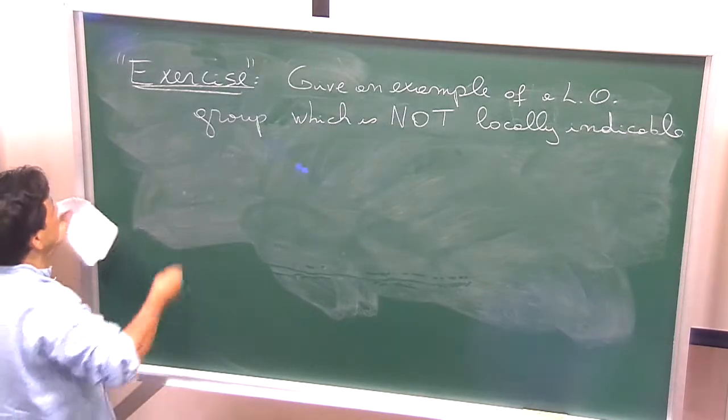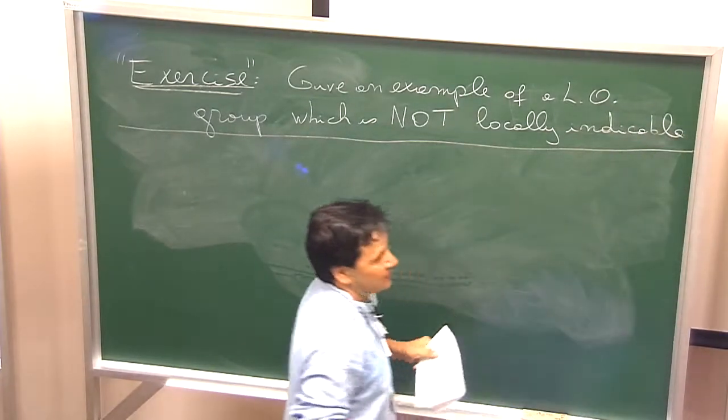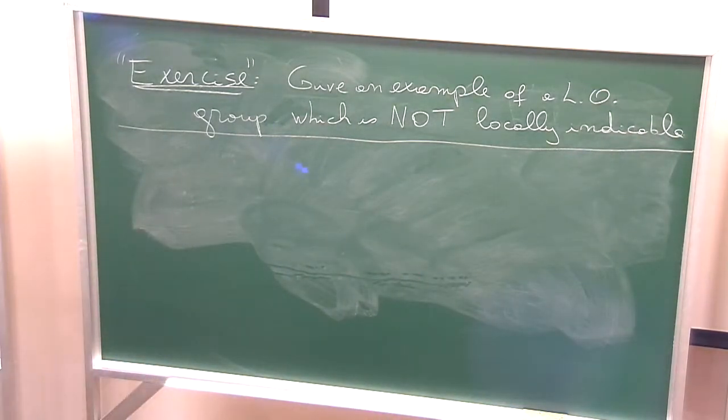I will not give any hint on this. I want to see what kind of example you can produce. Actually this was an open question for many years, until Thorson noticed that we were all stupid because there was an example which was in front of us all the time. Actually many groups are like that, many groups arising from topology of three manifolds are like that.